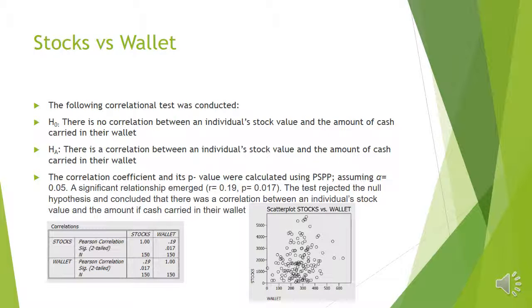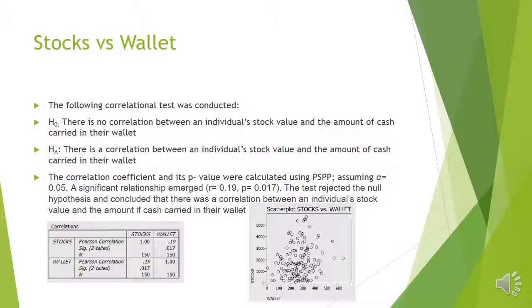Our final correlation test that was run, we stated our null hypothesis that there was no correlation between an individual's stock value and the amount of cash carried in their wallet. Our alternative hypothesis was therefore that there is a correlation between an individual's stock value and the amount of cash carried in their wallet.